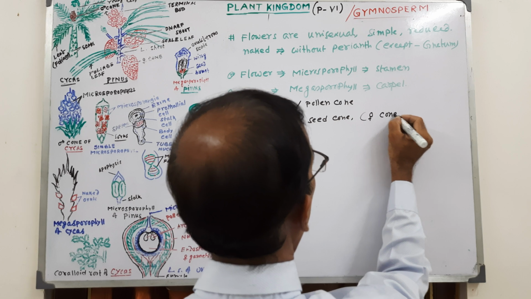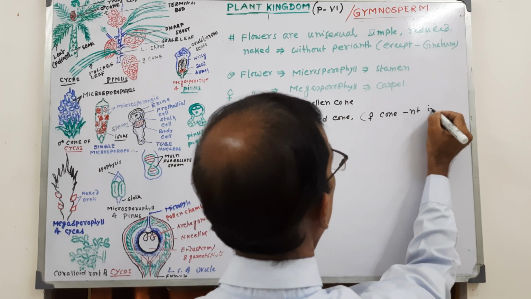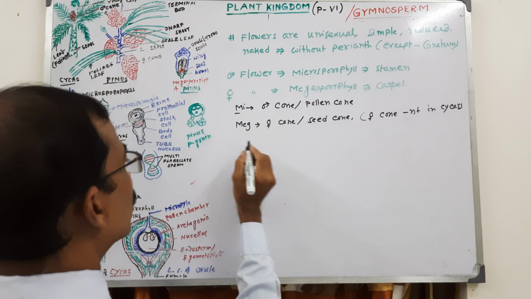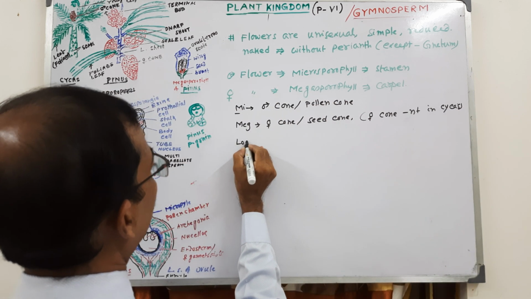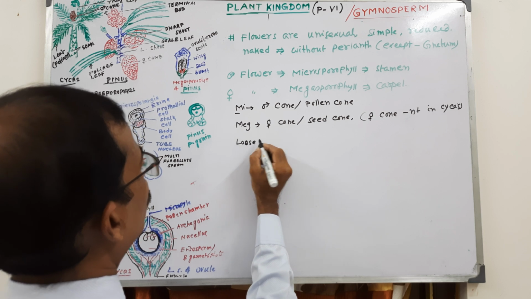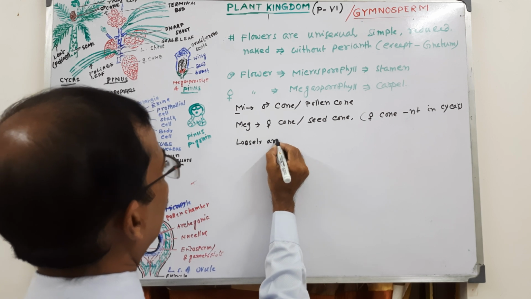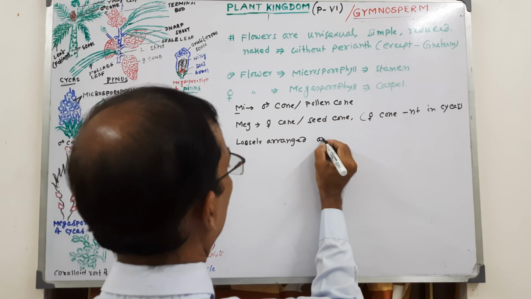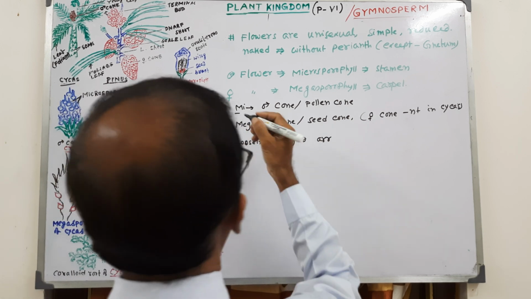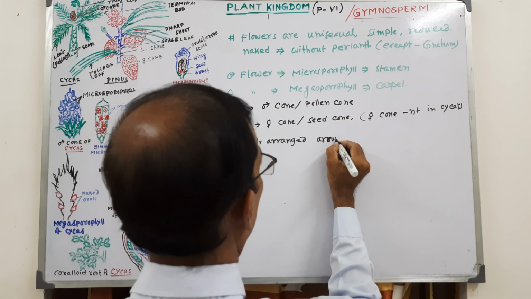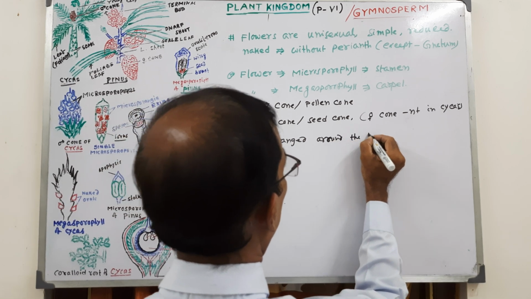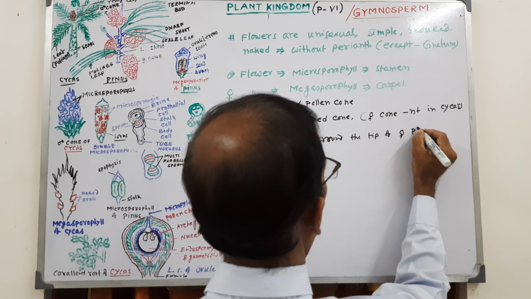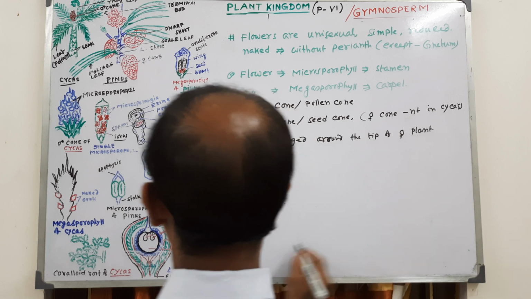In Cycas the megasporophylls are loosely arranged around the central axis, at the tip of the female plant.